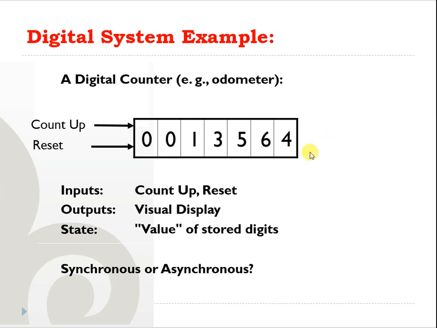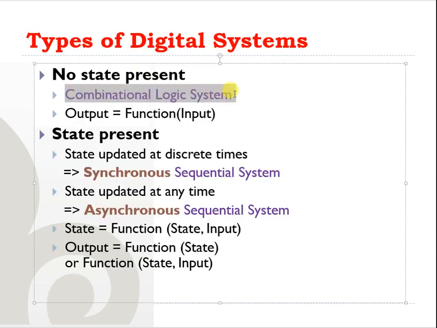Okay, so I hope this example and the previous slide gave you some view of the different cases that we can have for digital systems. As I mentioned, we will first start with the combinational logic circuits or systems, and then we will move towards the sequential systems as well, and we will consider both synchronous and asynchronous sequential systems.